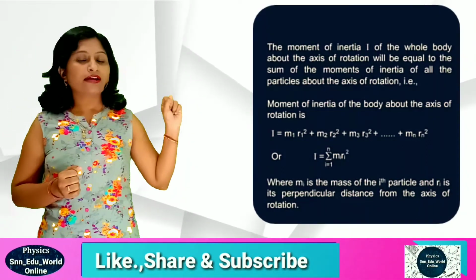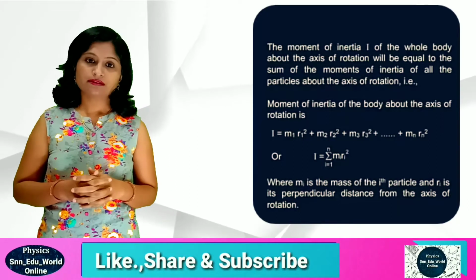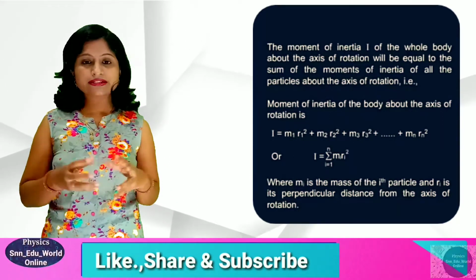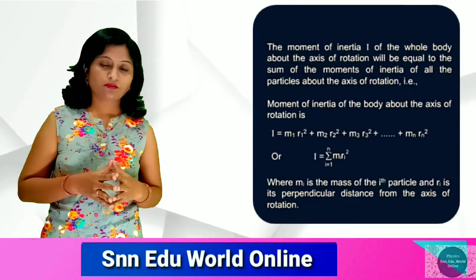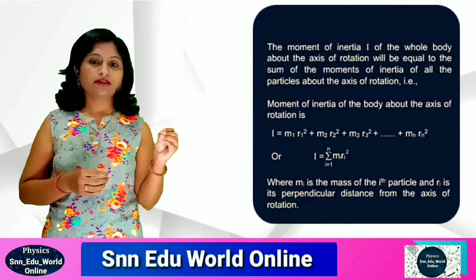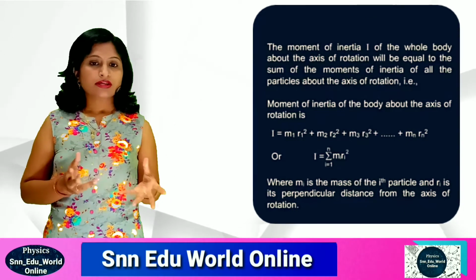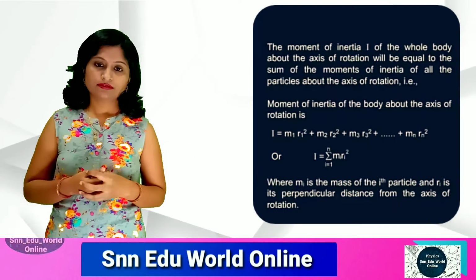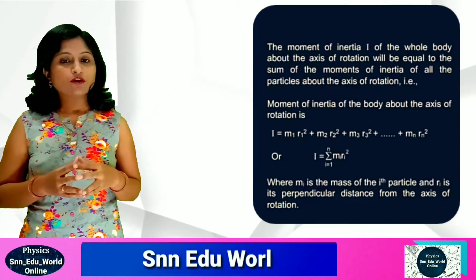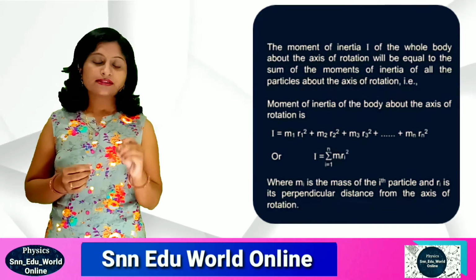In this I have written that if we have a number of particles, we find out each one separately. So suppose we have n number of particles of masses m1, m2, m3 and so on up to mn, each having different distances r1, r2, r3 up to rn. Now what is the moment of inertia of each particle, separately for each particle?